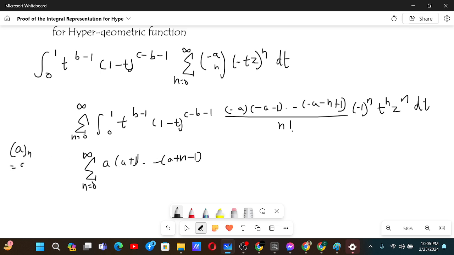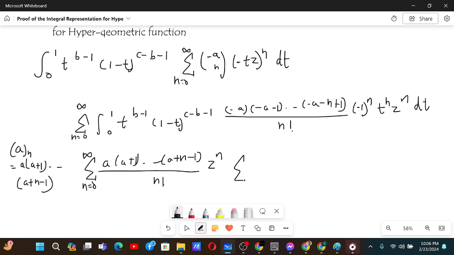Its definition is the product from a to a plus n minus 1, divided by n factorial, also g to the power n will be here, with minus 1 to the power n merged with this thing.